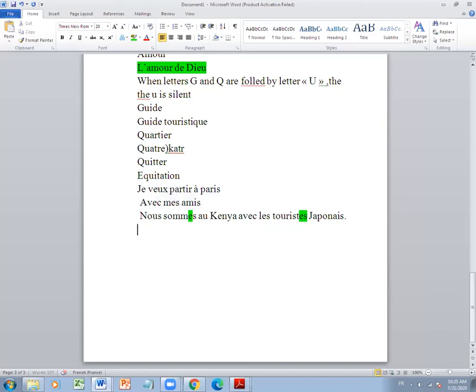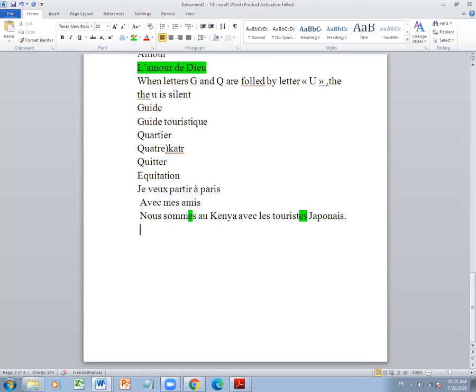Today it was not about understanding what you are reading, but understanding how to read. You get it? That statement means we are in Kenya with Japanese tourists. You see that?